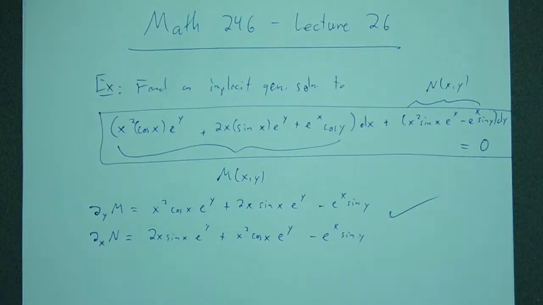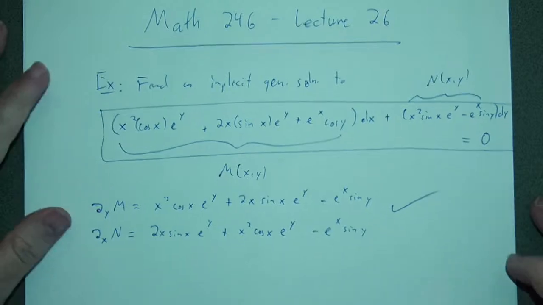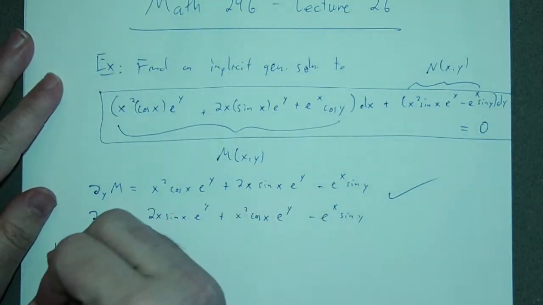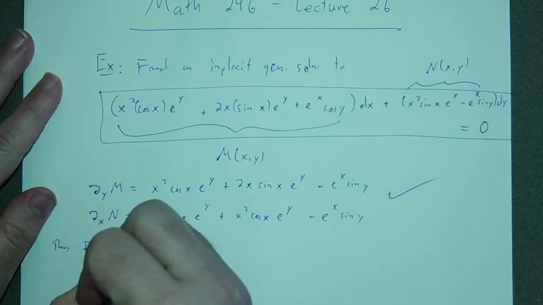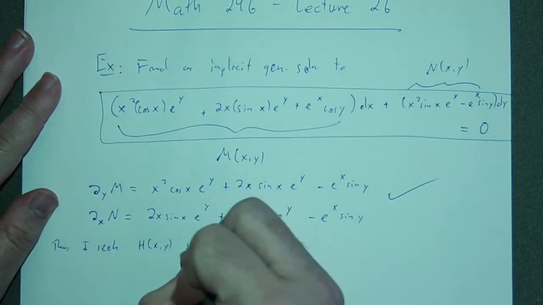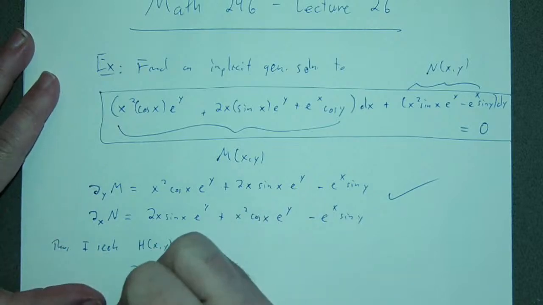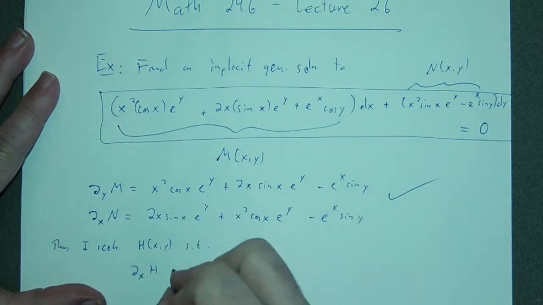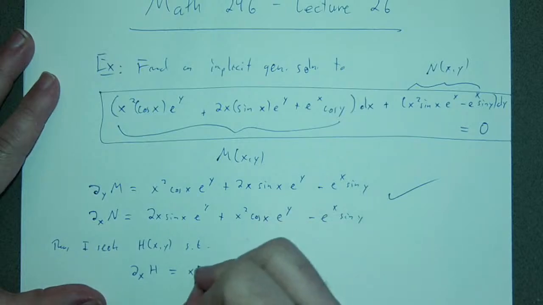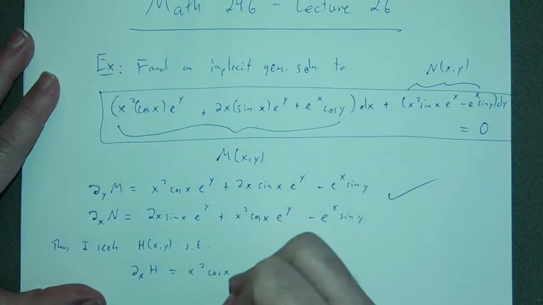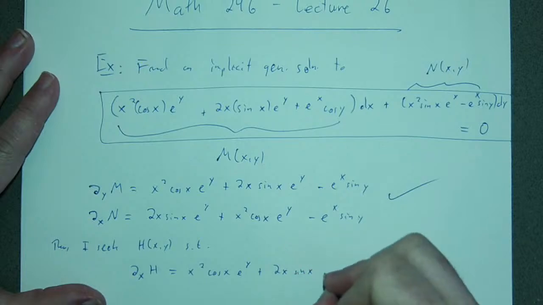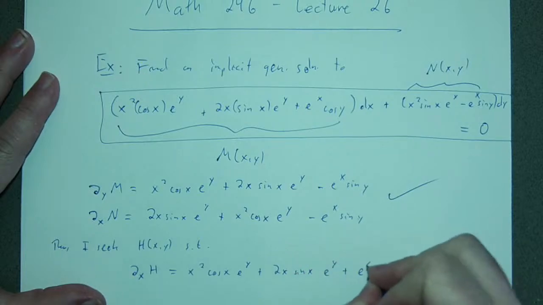Okay, so then what does this mean? Thus I seek h of x, y such that the x partial of h is equal to M: x squared cosine x e to the y plus 2x sine x e to the y plus e to the x cosine y.